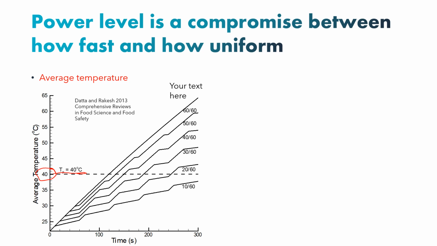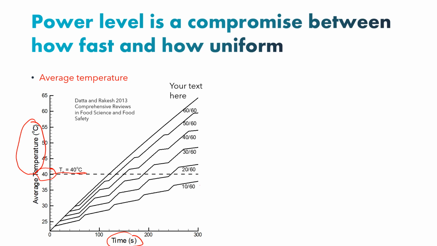So power level, it turns out, is a sort of a compromise between how fast we heat and how uniform. And so what you see here is temperature versus time at different power levels.